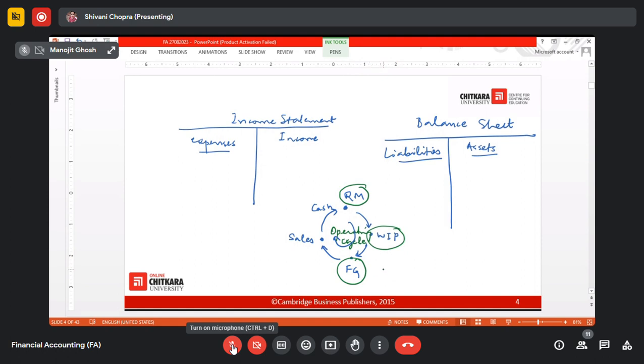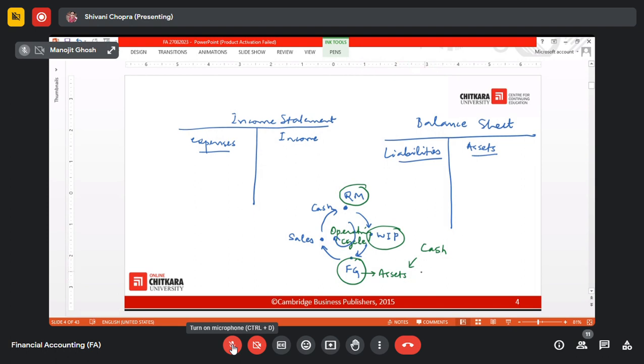Is it an asset or a liability? Asset. It is an asset. Okay. And what have you done to acquire this asset? You spent some sort of cash. Is cash an asset or a liability? Cash is another asset. So you spend one asset to acquire another asset.